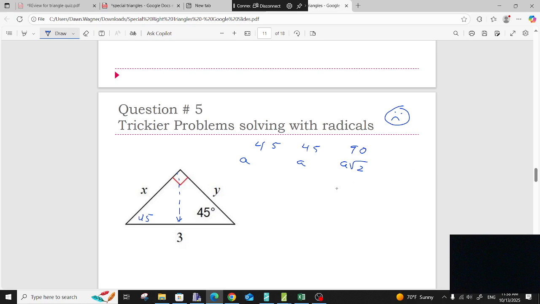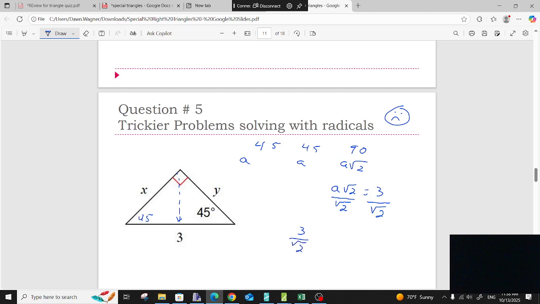So I'm going to put right here, A square root 2 is equal to 3. But I have to solve for A. What am I going to do to both sides to get A isolated? I have to divide by the square root of 2. Now, we cannot leave, who has learned that before?